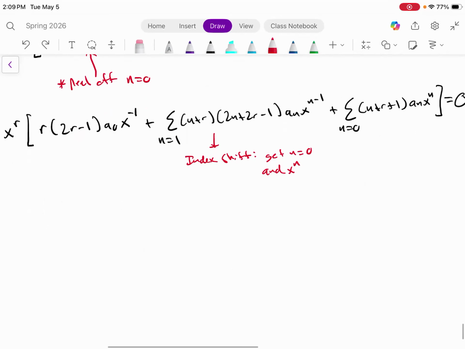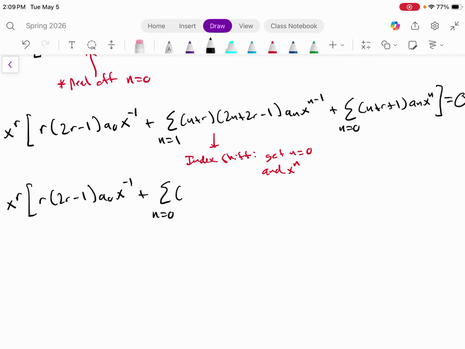So what this becomes is x to the r times r(2r minus 1) a naught x to negative 1, plus the power series. I'm now starting out at n equals 0. Since I'm subtracting 1, that means I need to add 1 to every single n in my power series.